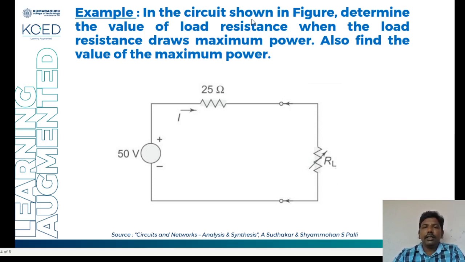Now the question here is, you have to determine the value of this RL when the load resistance draws maximum power. I want you to find out the value of RL at which maximum power is drawn from the source. We have just learned that maximum power can be transferred from the source to the load only when RL is equal to RS.